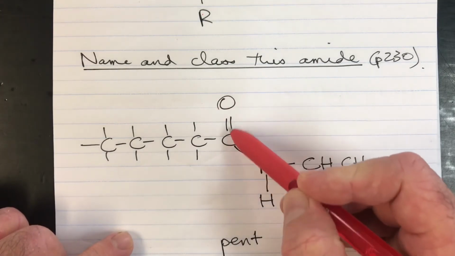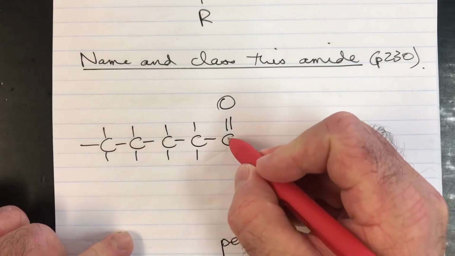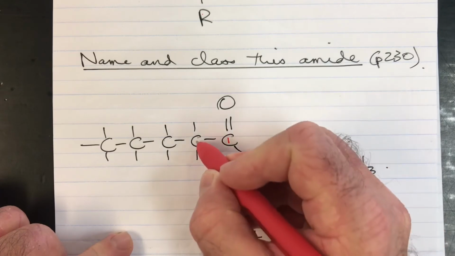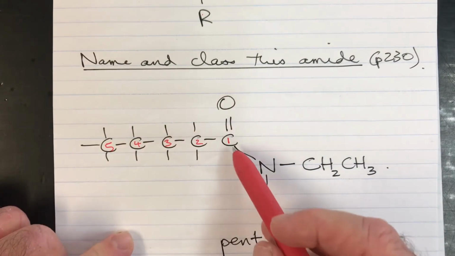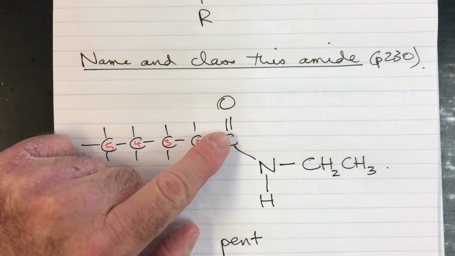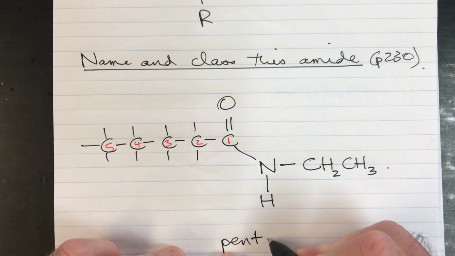The second step is to number the carbonyl carbon. This one, remember, carbon double bonded to oxygen is carbonyl. Name that as the first carbon. So 1, 2, 3, 4, 5. And next step is to add the suffix amide after the pent.